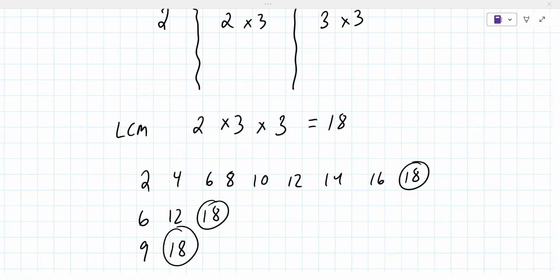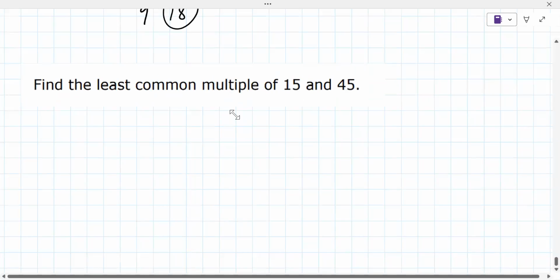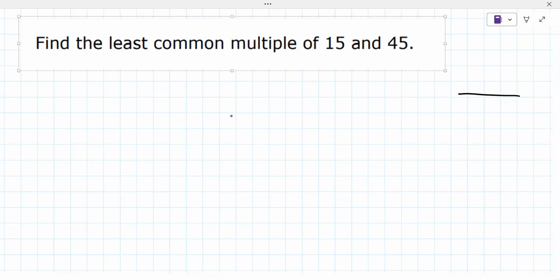Let's have you try another one here. The problem would be phrased like this. It would say to find the least common multiple of 2 numbers here. So go ahead and give that a try, please. I just want your final answer.